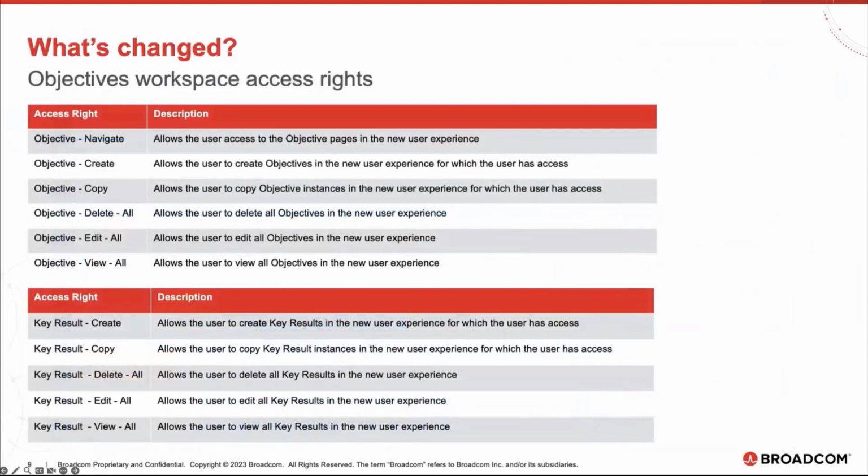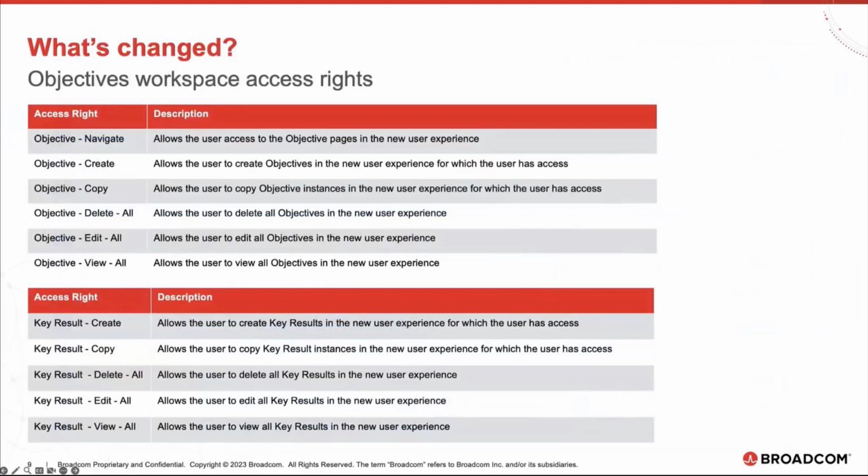I opted to include this slide and the next slide to document the out-of-the-box objects with their respective access rights and descriptions. As you'd expect, a new permission, the object navigate, is required to gain access to the objective workspace, right, that left-hand navigation element. And then, of course, the typical create, edit, view, copy, and delete permissions can be configured. I'm not going to read each access right and description.